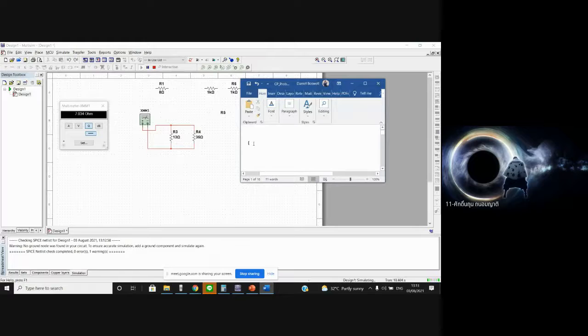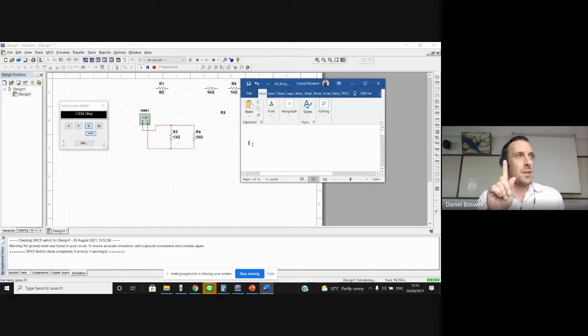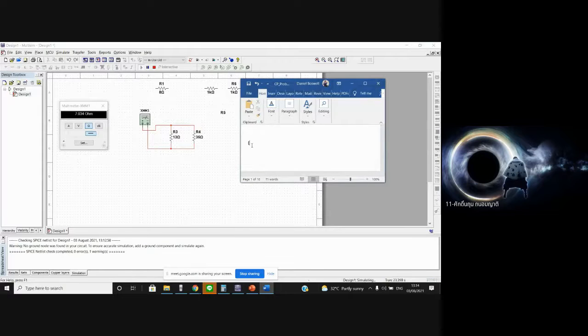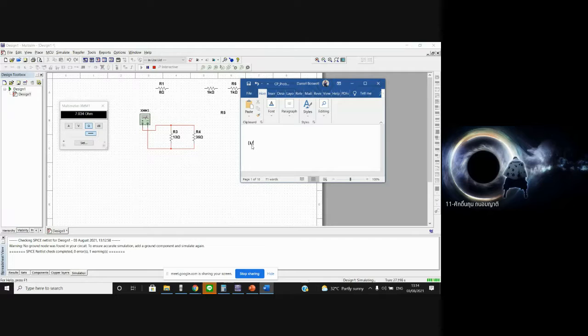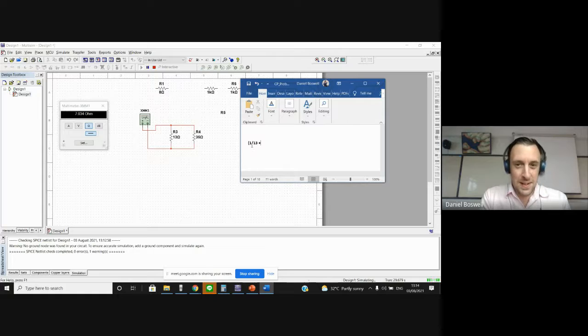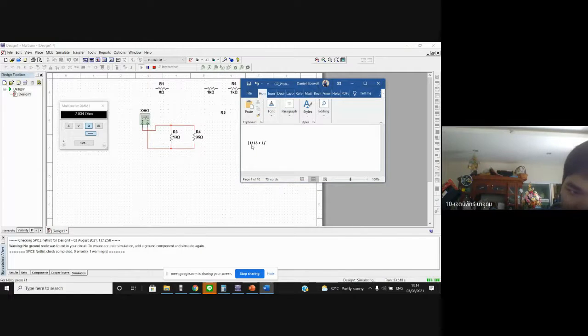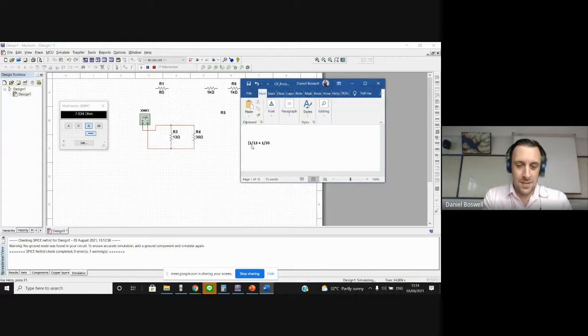Remember, we do 1 divided by 13. Good. And then we plus that by 1 divided by 35. And then that, to the negative of 1.